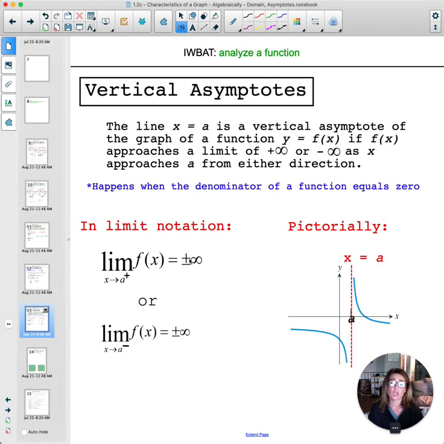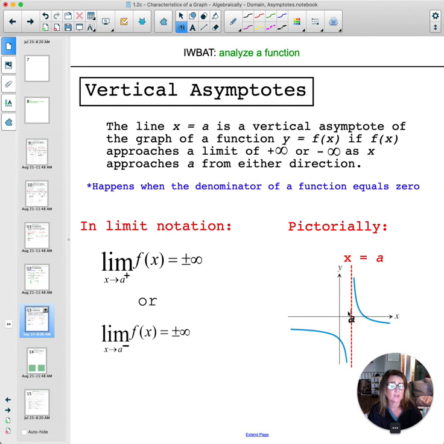When we're talking vertical asymptotes, again, you can pause this and write this down. A vertical asymptote is a vertical line, so an x equals line. So x equals a, whatever this number happens to be, is a vertical asymptote if your function is approaching positive infinity or negative infinity as x gets closer to a.